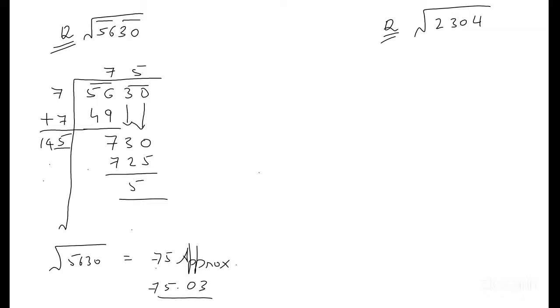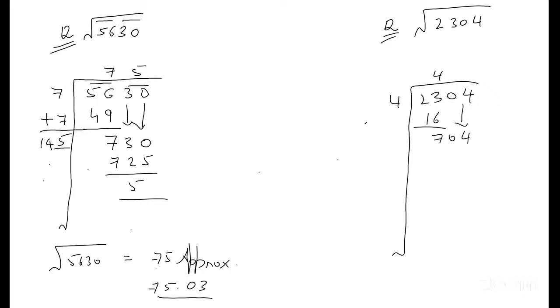Let me just quickly write it down so that you can cross-check. 2304. We started with 4 4s are 16. Subtract, 7. Then we brought down 0 and 4.